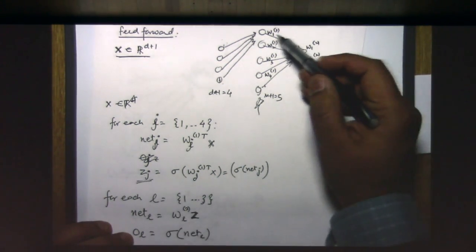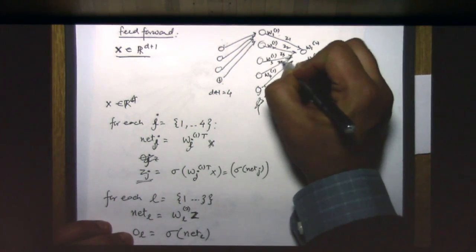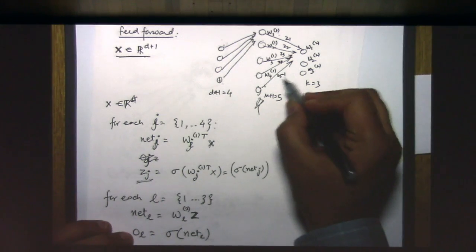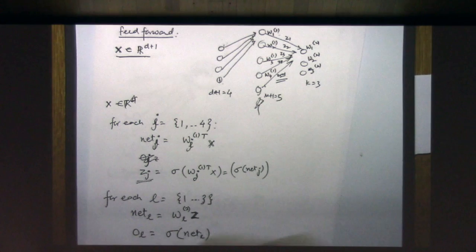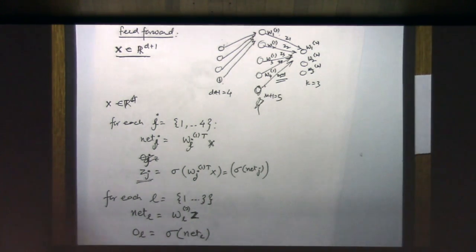Now, you have computed Z1, Z2, Z3, and Z4 like this, right? But the Z5 will just be 1 because this is a bias unit. So you do not really compute it because, as I said, you do not even have a weight vector for the bias node because you do not need it. But you do need an output out, so you set that to 1.